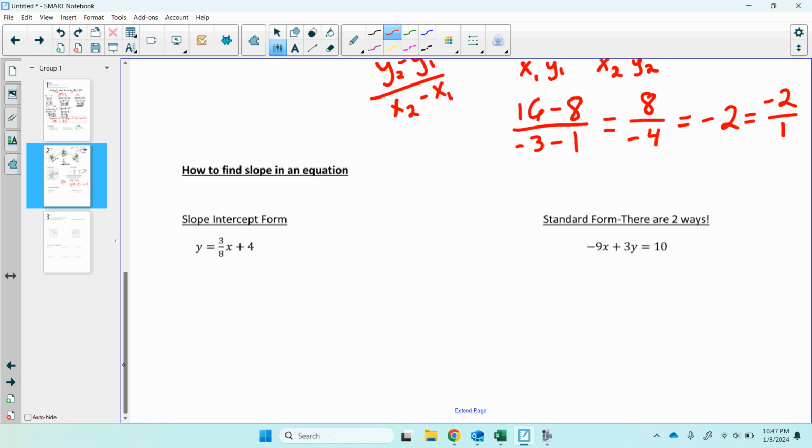What if we were given equations? How do I find the slope from just looking at an equation? Well, it depends on what form the equation is in. Slope-intercept form, that is our y equals mx plus b form, deals with both the slope and the y-intercept. So in this case, I am just looking for that m. This is my slope.